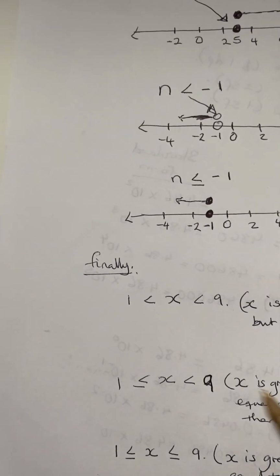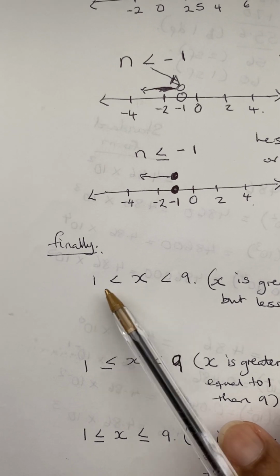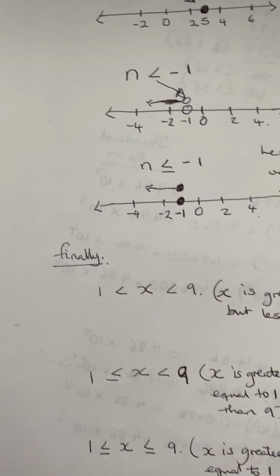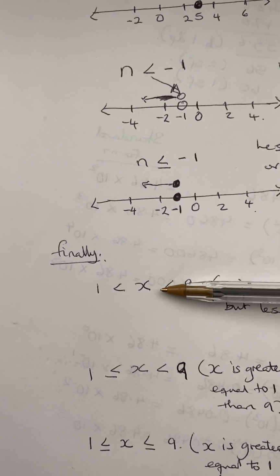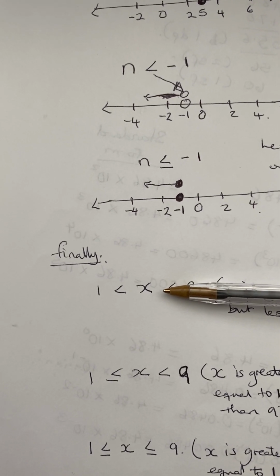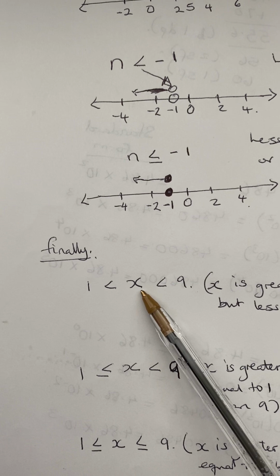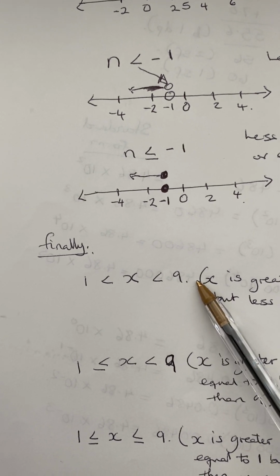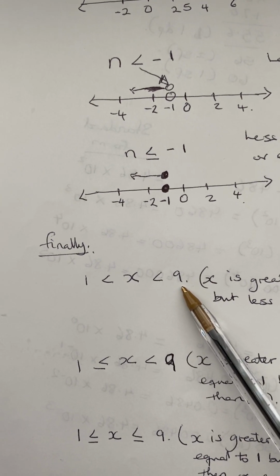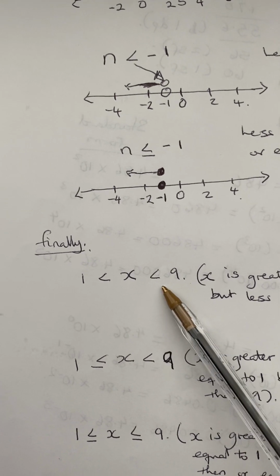Okay, so I would have read it as x lies between 1 and 9, but assuming you cover this side that way, x is greater than 1 but less than 9.